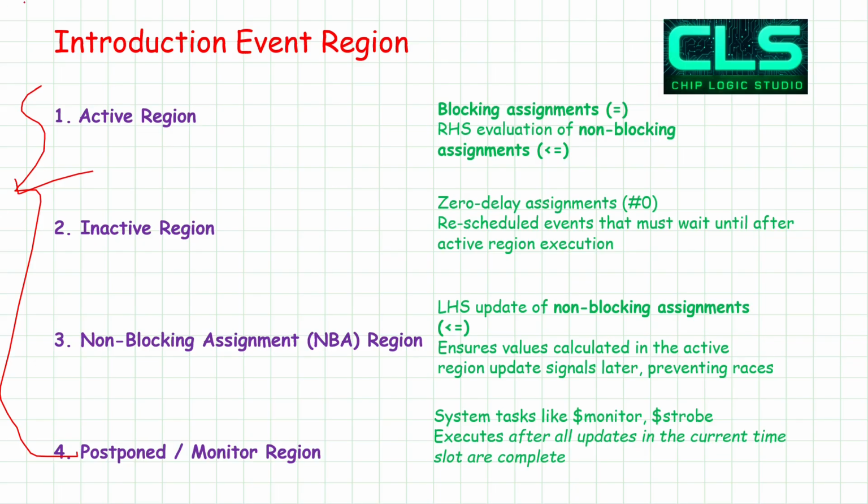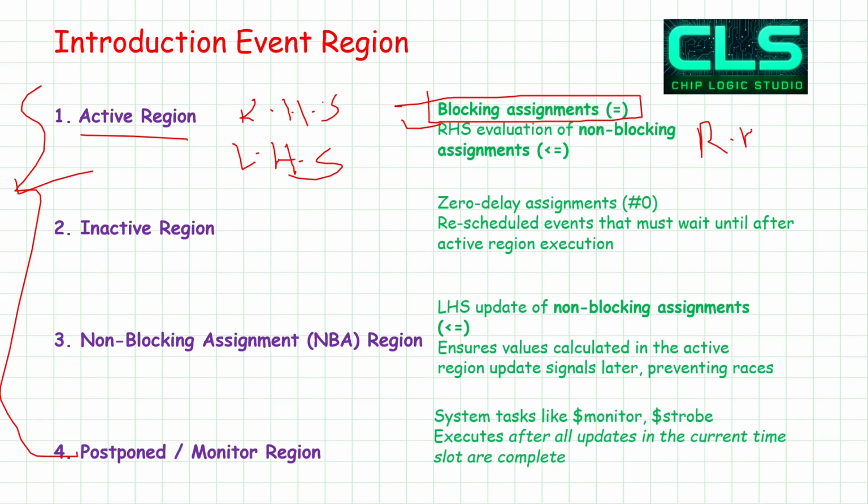So let's revise. In the active region, the blocking assignment's RHS and LHS both will execute in the active region, as I have written here. Only the RHS of the non-blocking assignment will execute in the active region, and in the NBA region, the LHS of the non-blocking assignment will update.